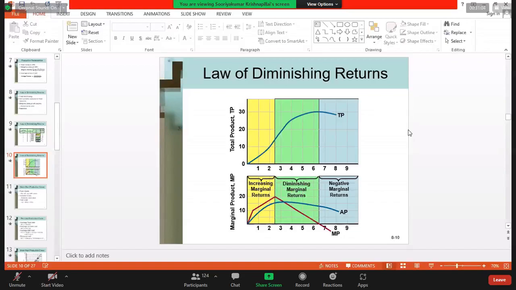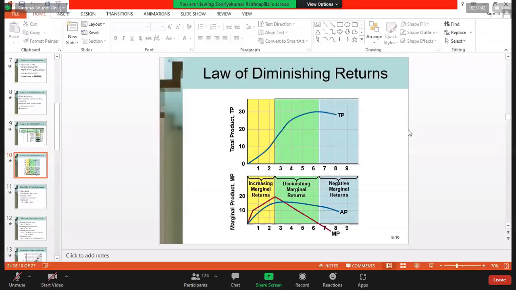Up to a certain level of input, each additional input produces more and more. Then to produce one more additional output, we use less and less input. So the additional output costs less, and the total cost increases at the decreasing rate. Then the total production increases at the decreasing rate.